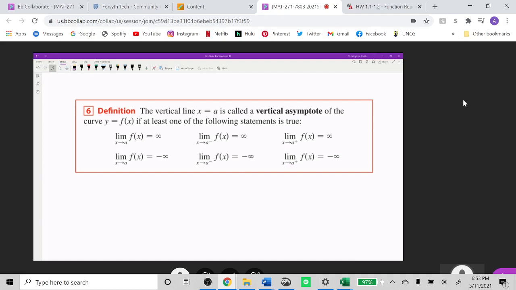For instance, let's look at this example. Does the curve y equals 2x divided by x minus 3 have a vertical asymptote?